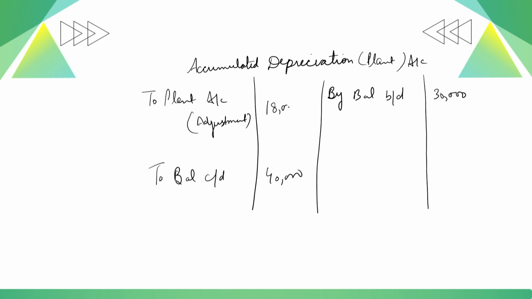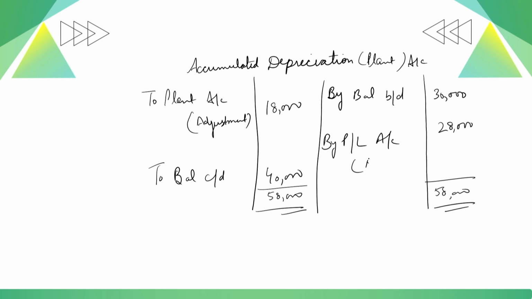Now you can see that 58,000 is the total of the debit side and 30,000 on the credit side. So the balancing figure is 28,000, and this 28,000 will be transferred to the profit and loss account as the balancing figure.